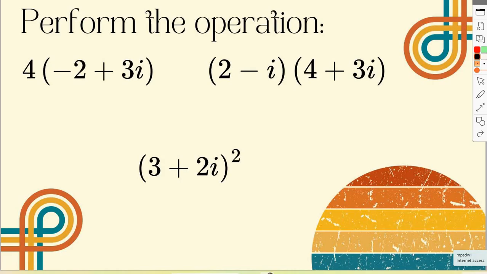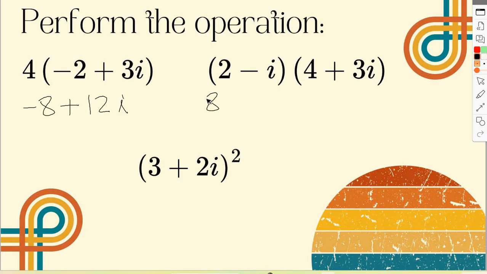Alright, so on the first one, it looks like most of us were able to distribute. So we got -8 plus 12i. What do we have to do on the second one though? We have to multiply both things by our second.